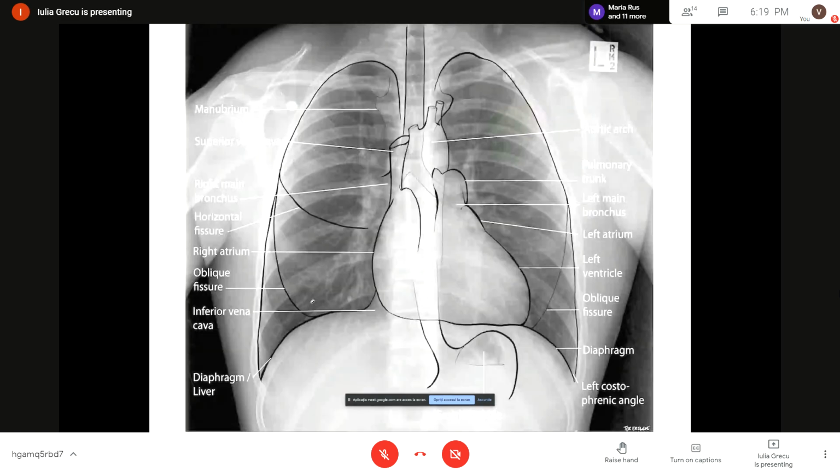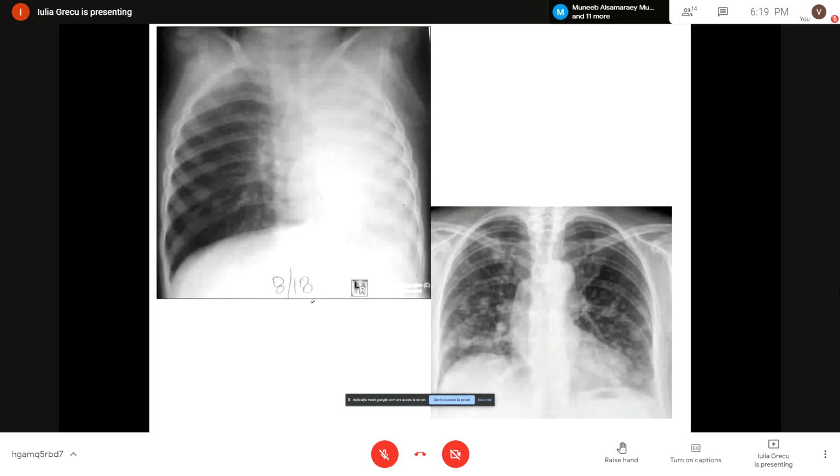Okay, only as an introduction to what we are going to study next, I want to say that in different pathologies that we can find on chest X-rays, we will study three main kinds of abnormalities.